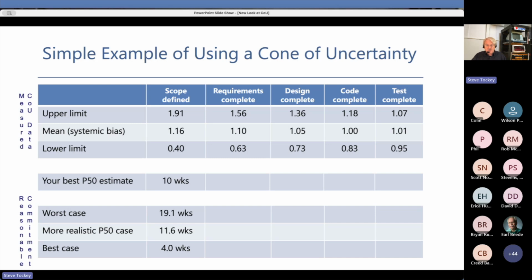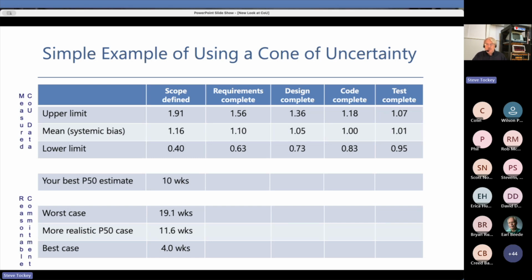It could take as much as 19.1 based on what we've seen historically in our organization. Therefore, my estimate is the 11.6, but what I'm willing to commit to is between 4 and 19. That's the whole trick here. You want my commitment? Yeah, I'm willing to say between 4 and 19. I'll commit to that. Okay.